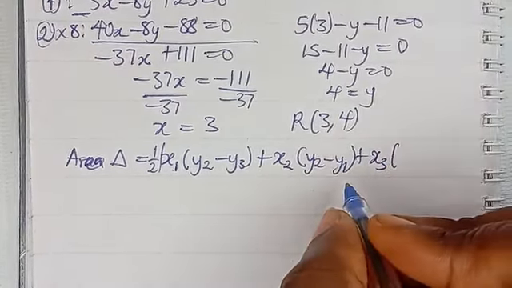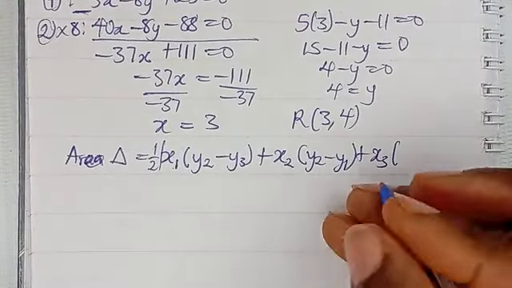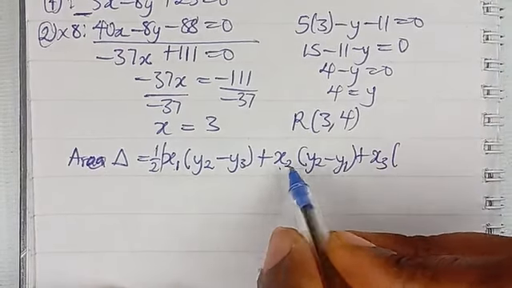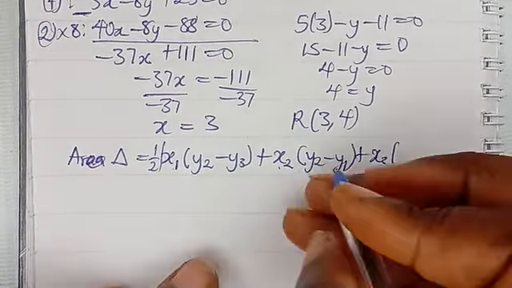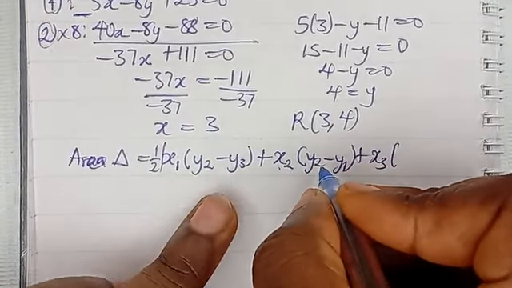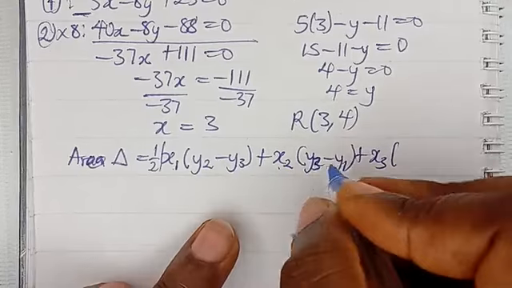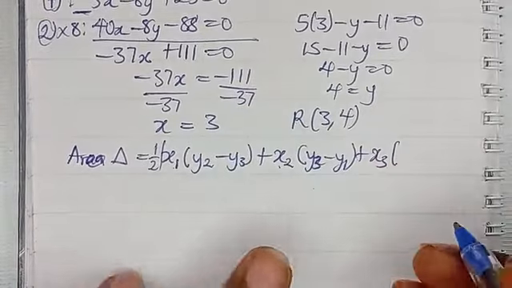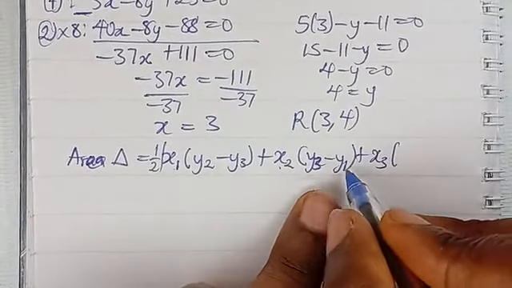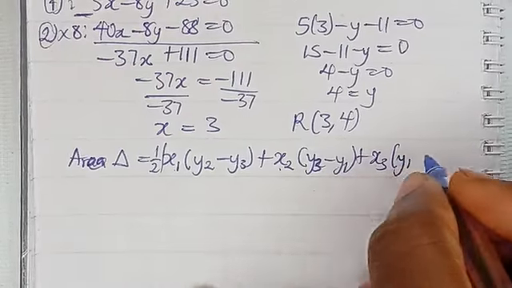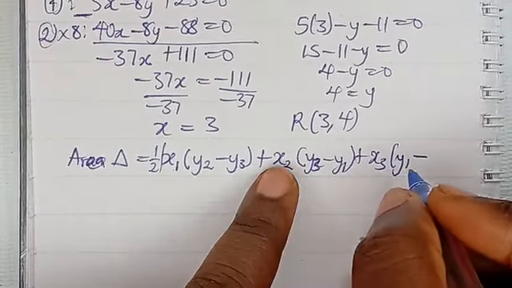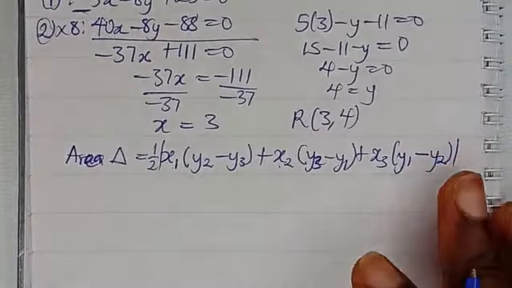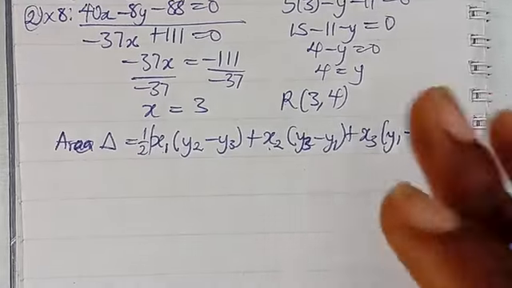In the brackets, we are going to have x3 minus x1. That is, when we start with 2, we are going to now go to 3 and then 1, right? Then now we've started with 3, we are going to go to 1. So y1 minus y2. That is how I remember it.